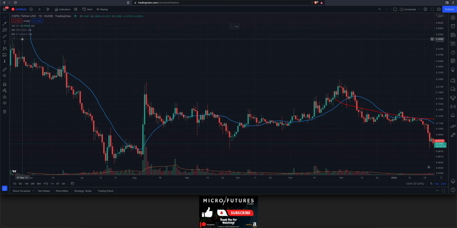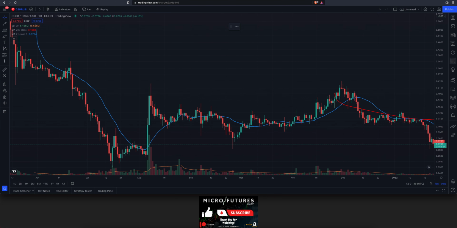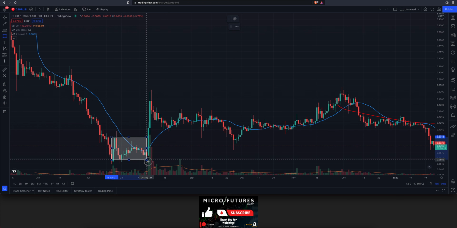So when price goes sideways and consolidates, it will not do so forever. So what we have over here, back in, looks like July, August time frame of last year, we have this consolidation period here.